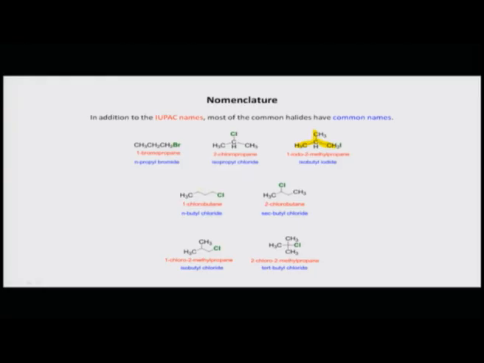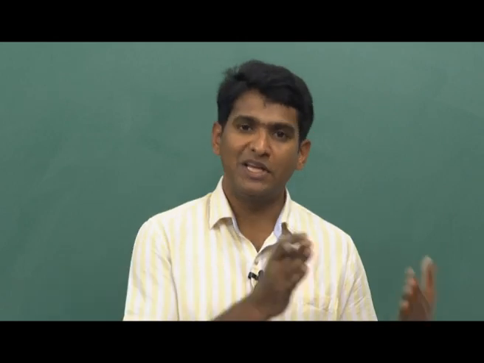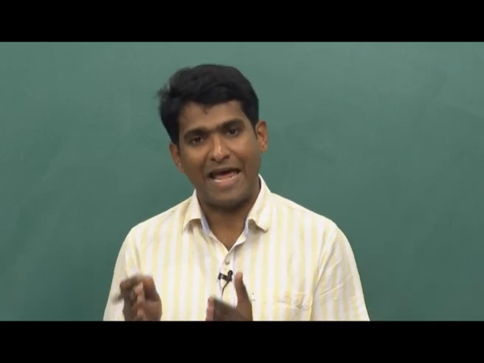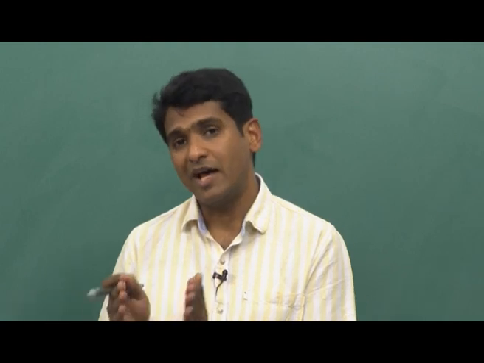So, this compound here is 1-chlorobutane, and its trivial name is N-butyl chloride or normal butyl chloride. A careful look at these names would suggest that while all the IUPAC names look like haloalkanes, the trivial or common names correspond to alkyl halides. So, they name the alkyl group first, followed by the halogen that is associated with it as a halide.